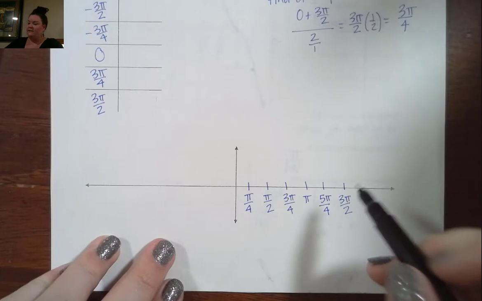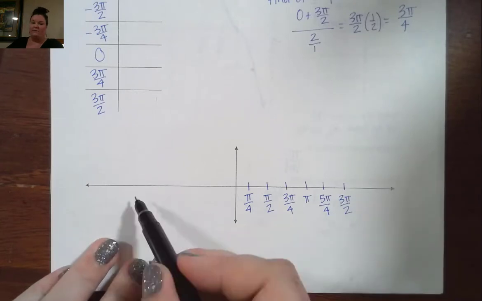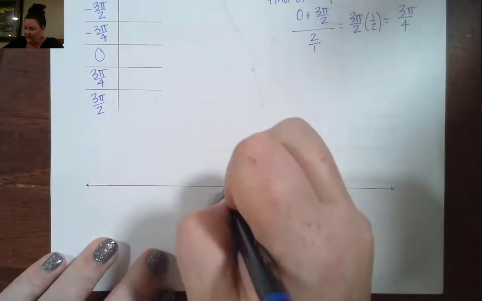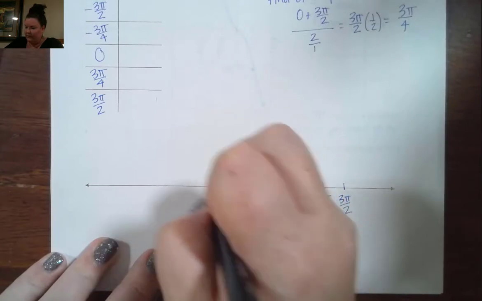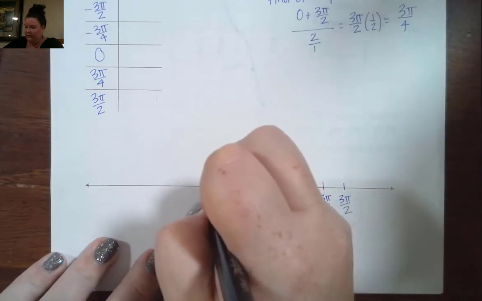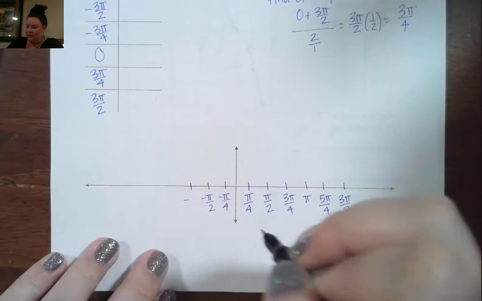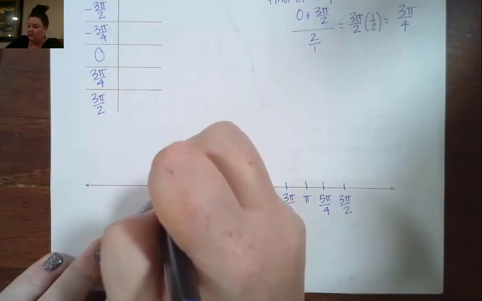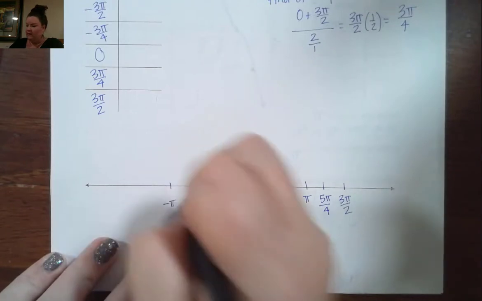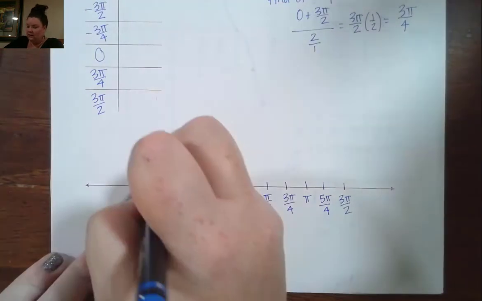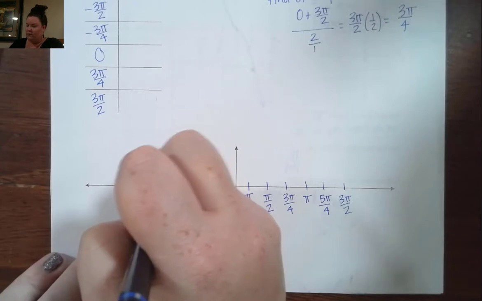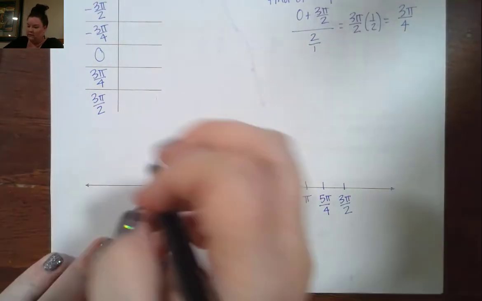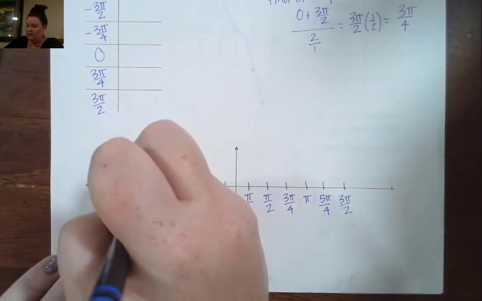So now I just need to do all these same values, but in the opposite direction, right? So here's negative pi over 4, negative pi over 2, negative 3 pi over 4, negative pi, negative 5 pi over 4, and negative 3 pi over 2.